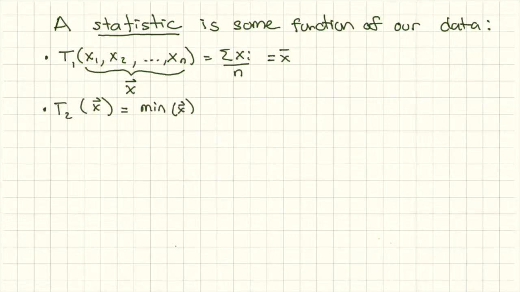If we take the minimum of all those X values, or we could take the first value and just use that as our statistic. We should be careful to note that X with little parentheses around a 1 means the minimum value, but without the little parentheses, it just means the first observation.